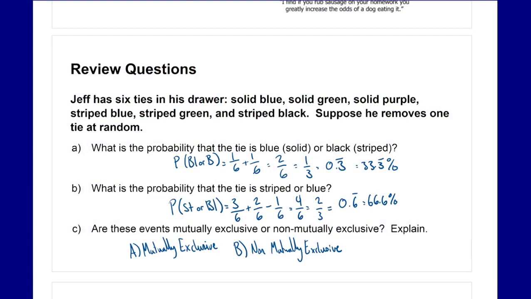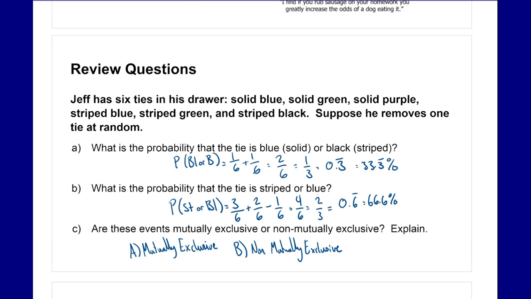So looking at this question, the probability that the tie is blue solid or black striped, we have two options, so we need to add those probabilities together. So 1 out of 6 for the solid blue tie plus 1 out of 6 for the black striped tie equals 2 out of 6, or 1/3, or 0.3 repeating, or 33.3%. B, same idea, except we're looking for a striped tie or a blue tie.